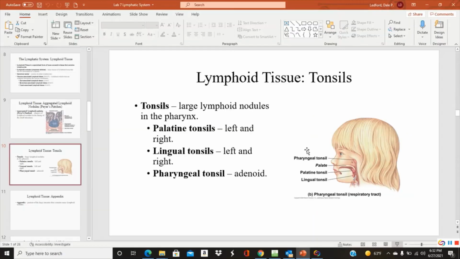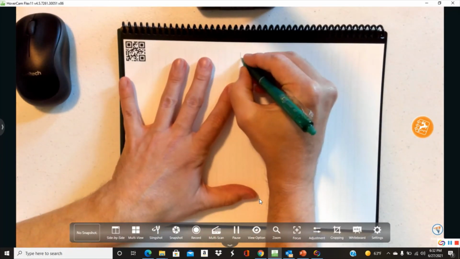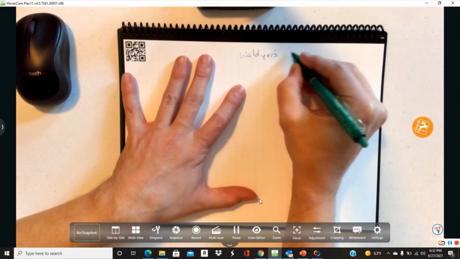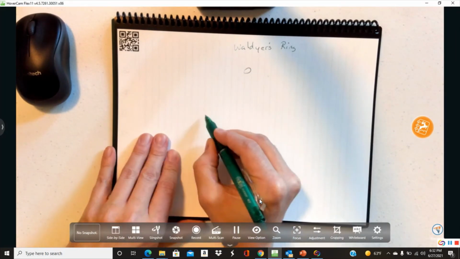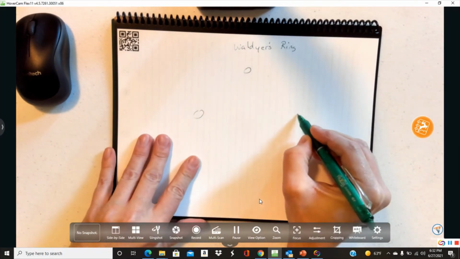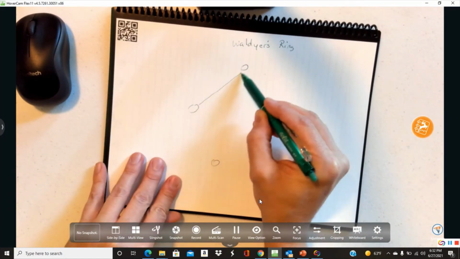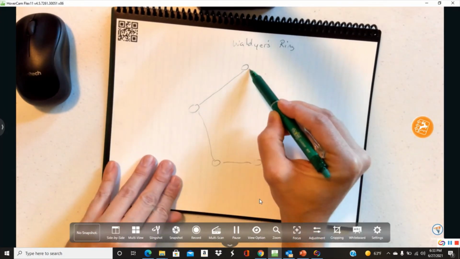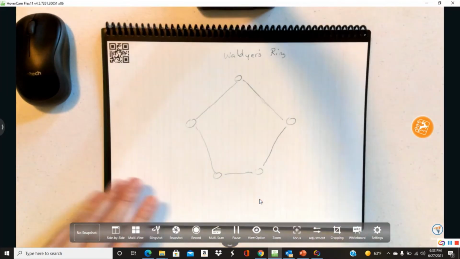Now, in lecture, I call this the Waldeyer's ring. And why I call it Waldeyer's ring, and that's how you will hear me call it, is that you will find one at the top, two on either side, and two at the bottom. And I always like to call this the pentagon of the pharynx. We all know that the Pentagon is a major area for the American Defense Department, things like that.